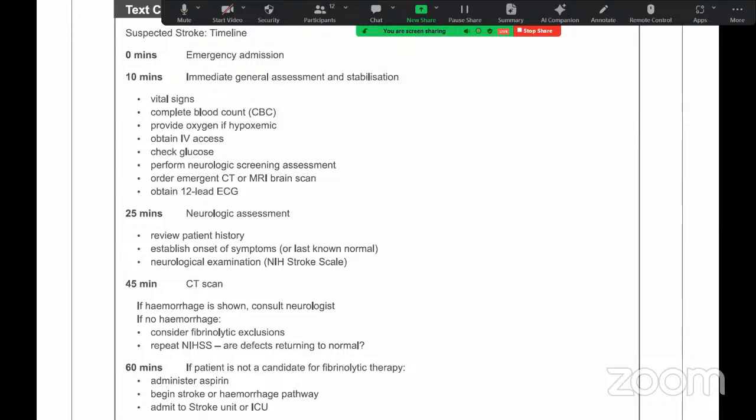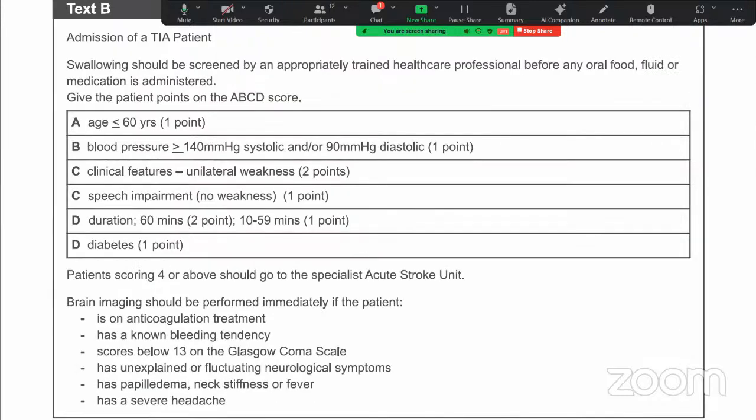Now let us take the other option. GCS. Do you know what is GCS? What is GCS? Yes, that's it.